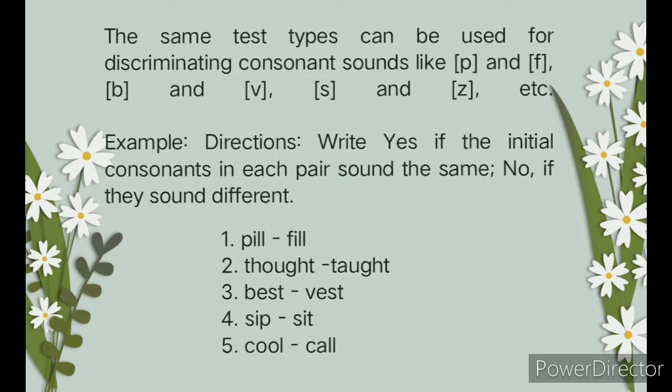The same test types can be used for discriminating consonant sounds like b and f, b and v, sh and z, and many more. Here's another example: peel, feel, thought, thought, best, vest, sip, sip, cool, call.